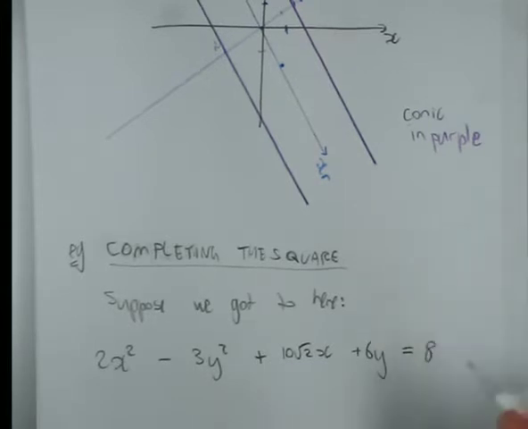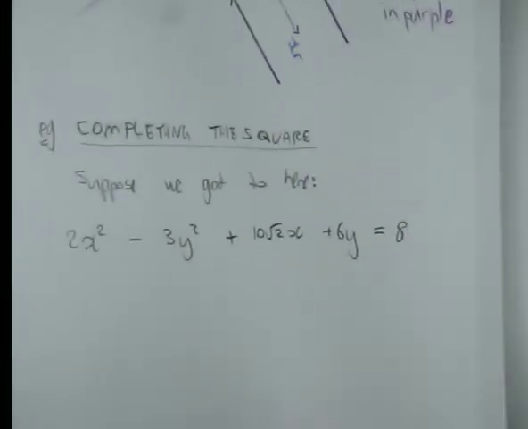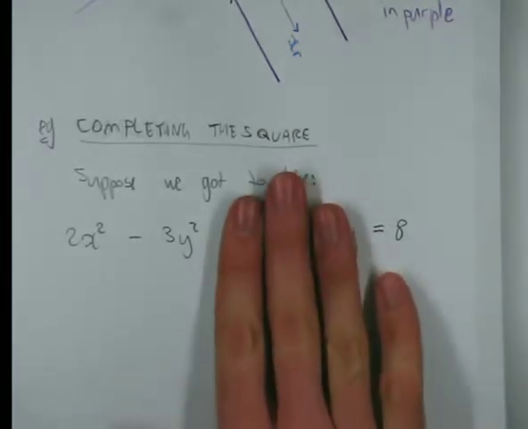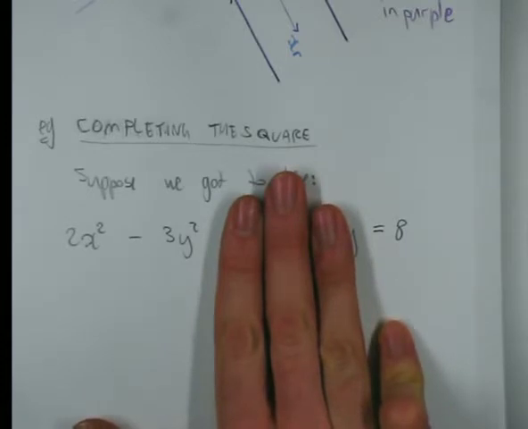No idea what this number is, whether it's going to be useful, but let's run with that. Okay, so the first thing is that before you complete the square, just looking at this bit, I can tell it's going to be a hyperbola or two lines. They're the only options for what it could be.